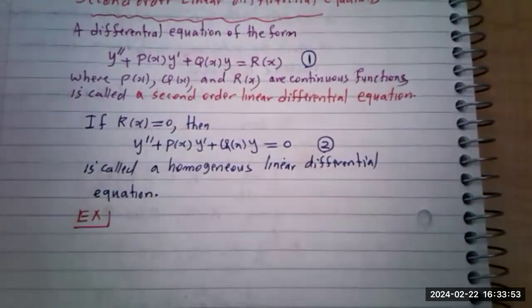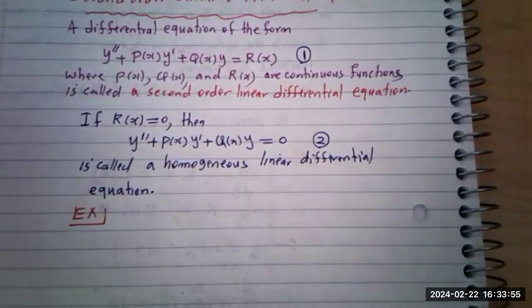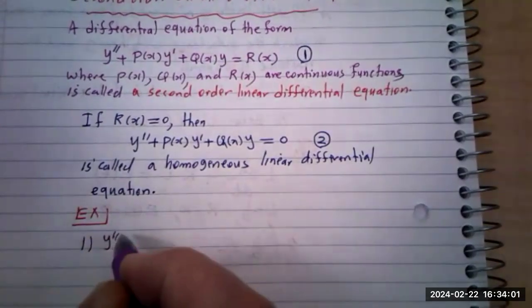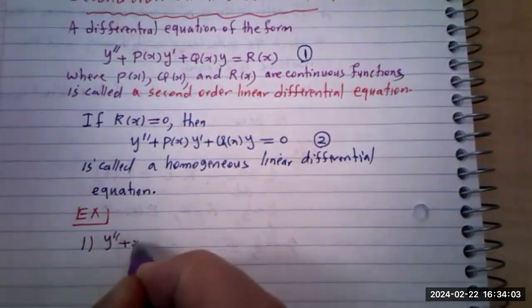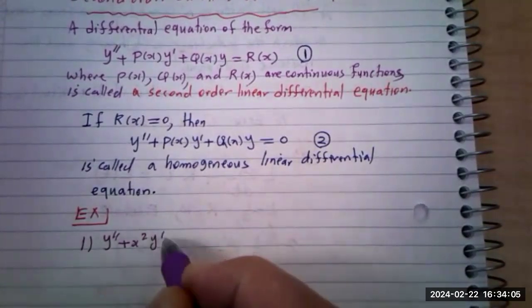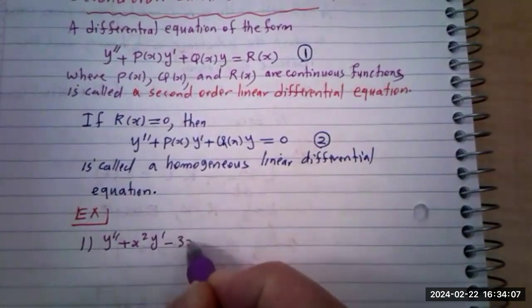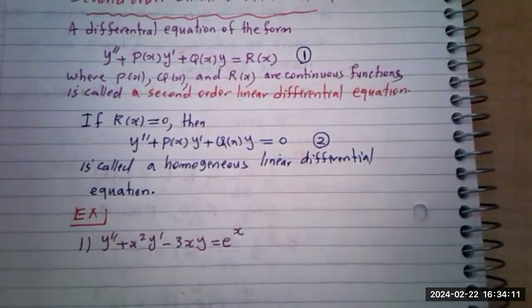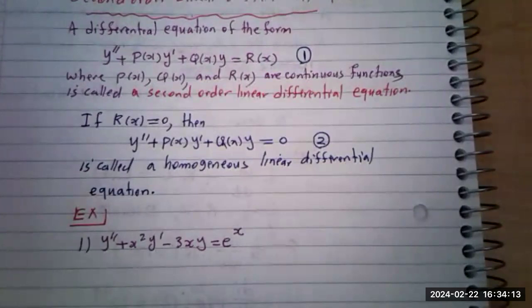So look at these equations, various formats, various notation that we may be given. The first one is y double prime plus x squared y prime minus 3xy equal to e to the x. You see, that's it, it's linear. You should have only y double prime, y prime and y.